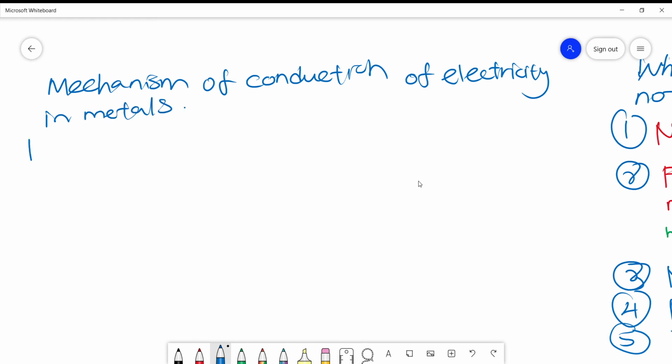Okay, so for the first statement, this is the condition when the metal is connected to the power supply. Before that, let me draw something as a reference.